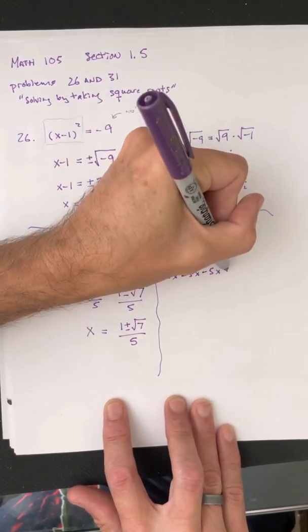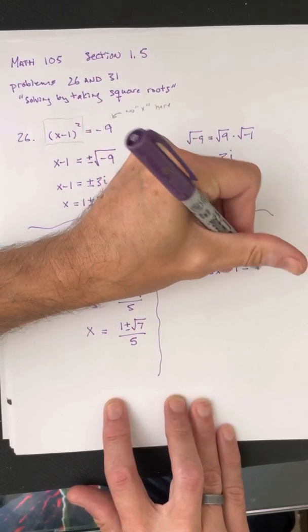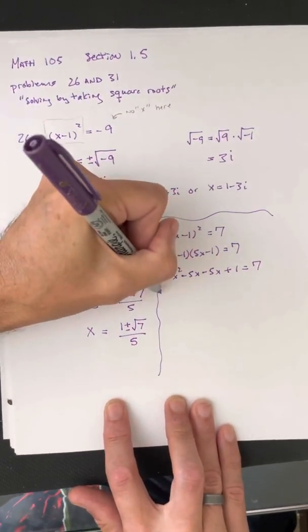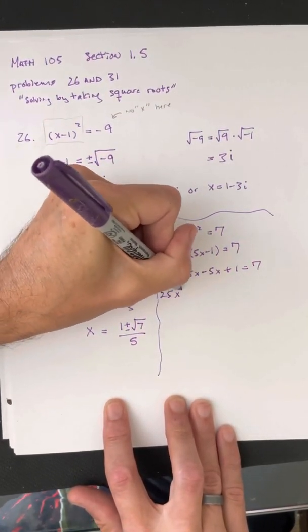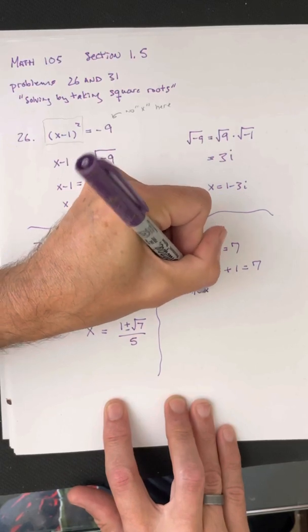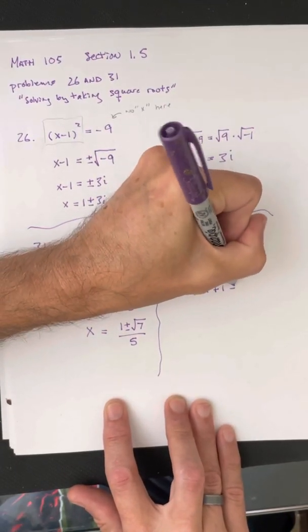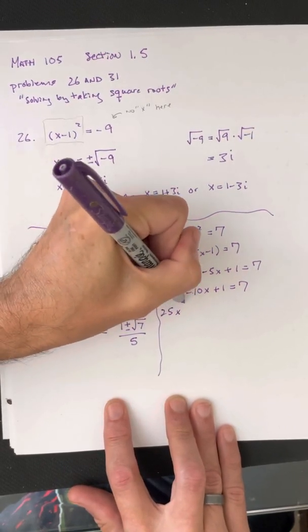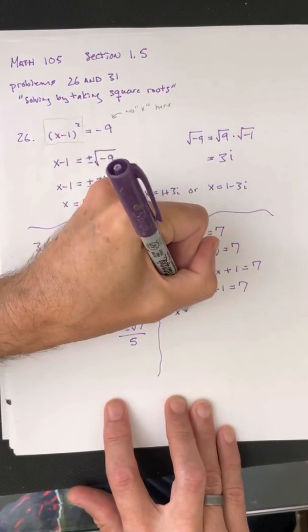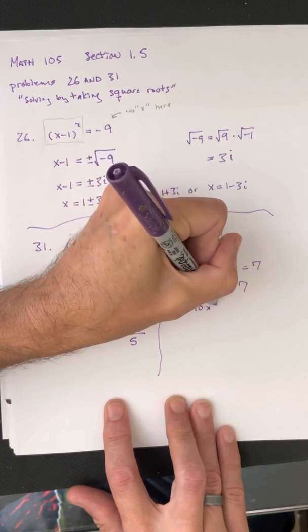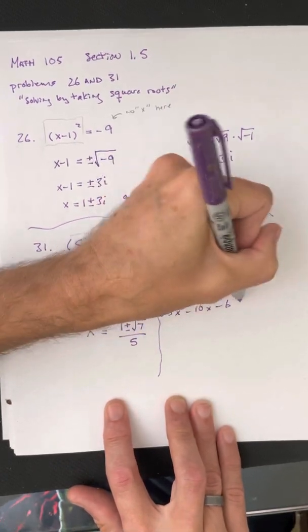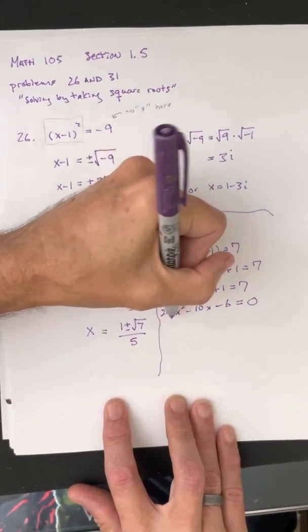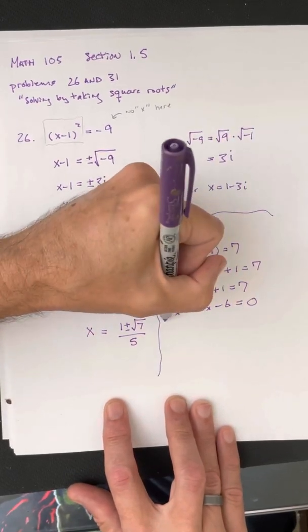And then minus 1 times minus 1 is plus 1, equals 7. So I have 25x squared minus 10x plus 1 equals 7. Subtract 7 from both sides, and I'd get 1 minus 7 is negative 6. And that's because, again, if you're using the quadratic formula, you need it to be equal to 0.